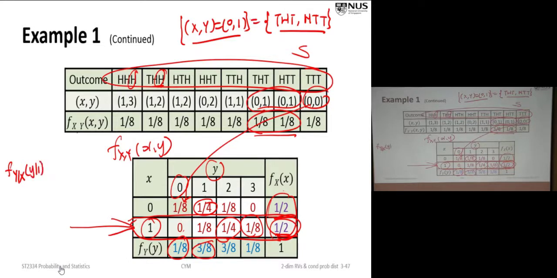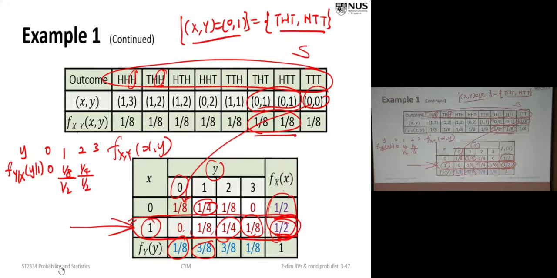All right, so it will be like this. When y equals 0, this one is 0. When y equals 1, it will be 1/8 divided by 1/2. The joint distribution divided by the marginal of x. When y equals 2, it is 1/4 divided by 1/2.